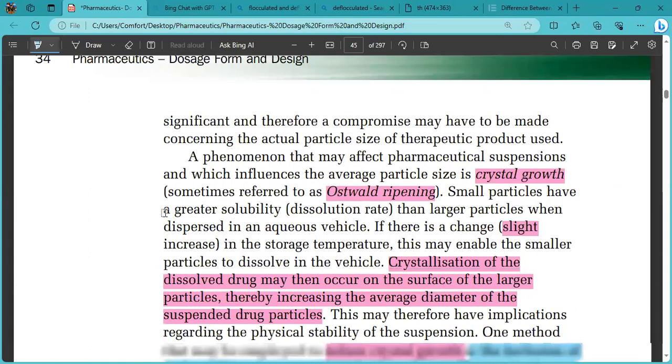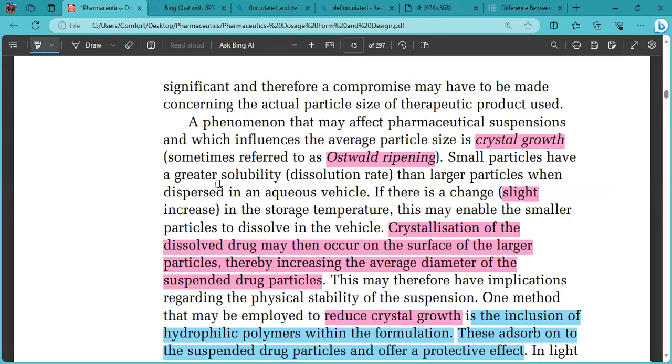With an increase in temperature, the minute there's a slight increase in the storage temperature, it results in these smaller particles dissolving. This therefore increases the average diameter of the suspended drug particles.